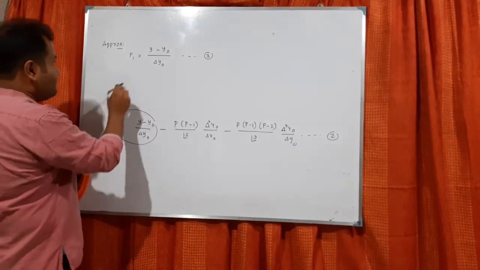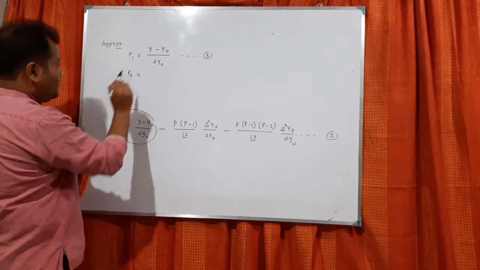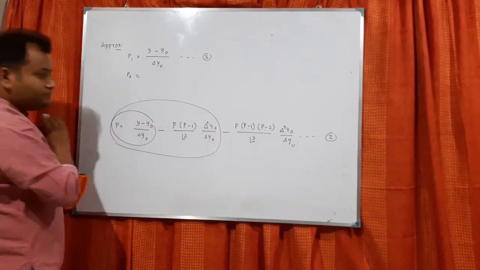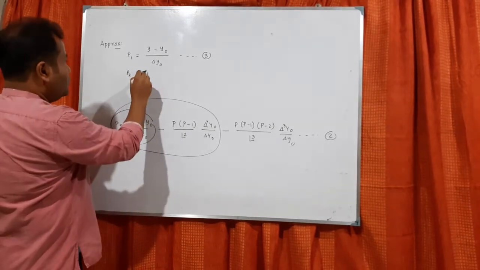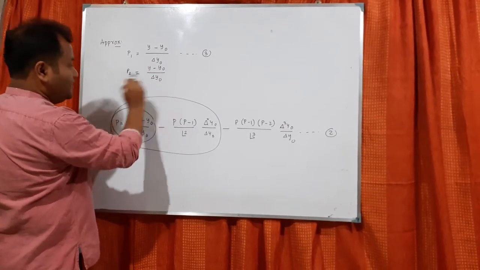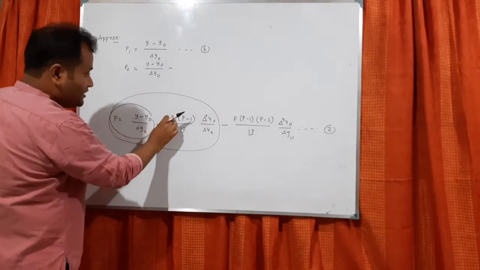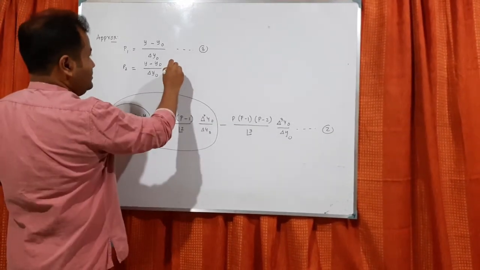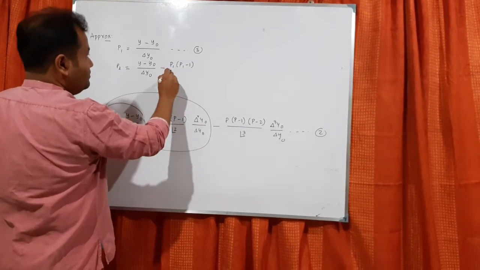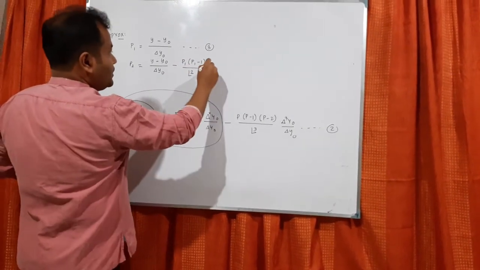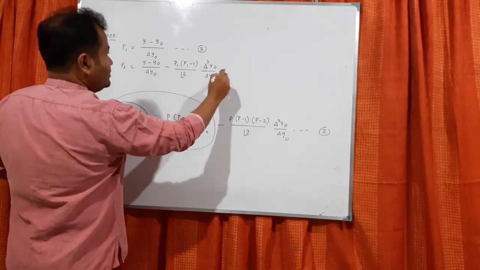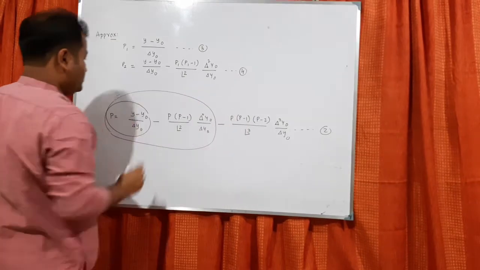Then the next approximation will be P2, which goes up to the second term. So P2 will be y minus y0 divided by delta y0, minus P1 into P1 minus 1 by factorial 2 delta square y0 by delta y0; say this is equation 4.